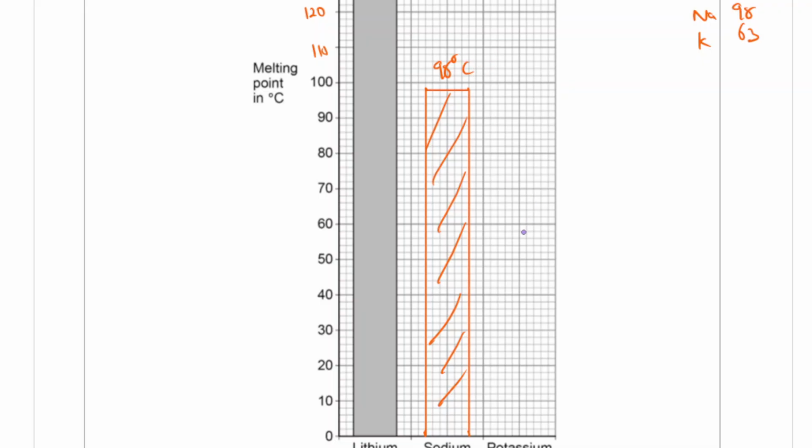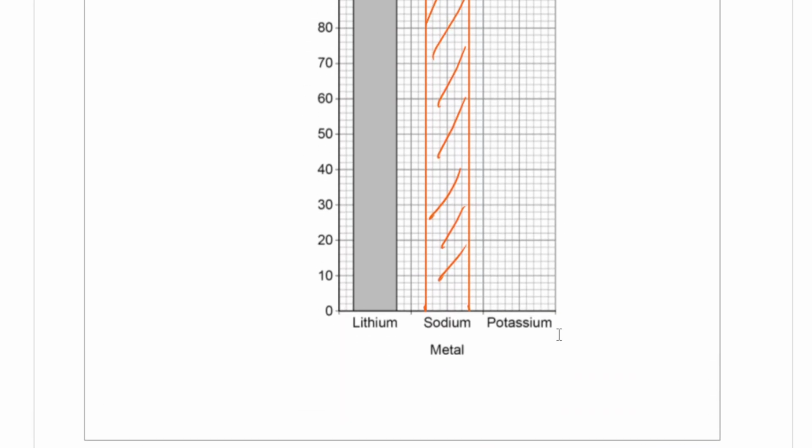Let's use a different color for potassium. Potassium is 63. So as you can see at the bottom, I want to start the bar here, and it should be that thickness, 63. So that's 60, 62, and then the halfway point.